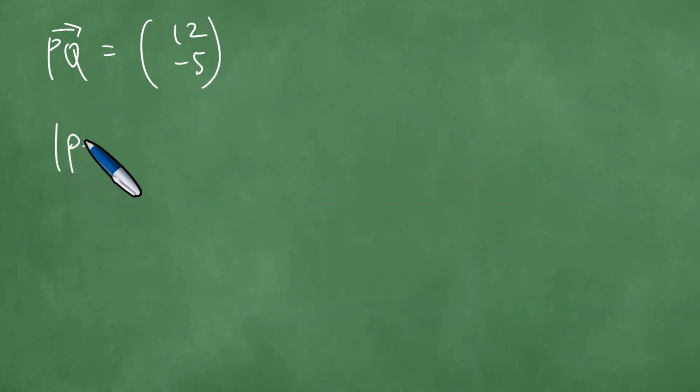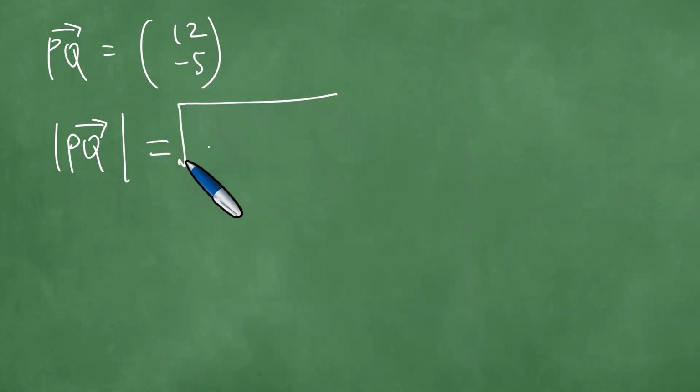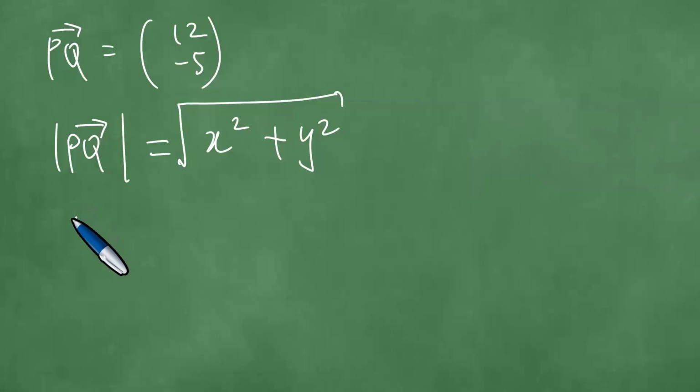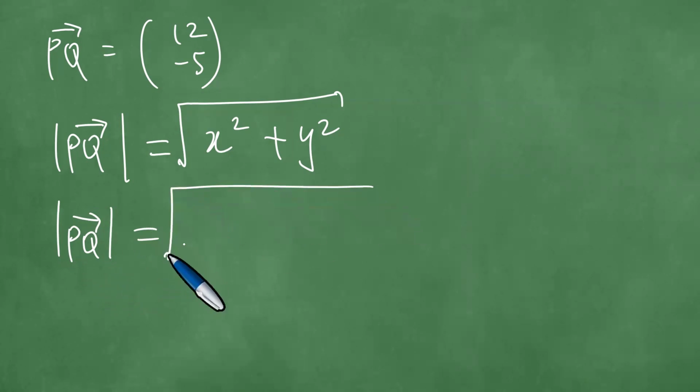Which means that PQ is actually (12, -5). The magnitude of the vector PQ is determined by using this particular formula: the magnitude of PQ is the square root of the square of x plus the square of y.